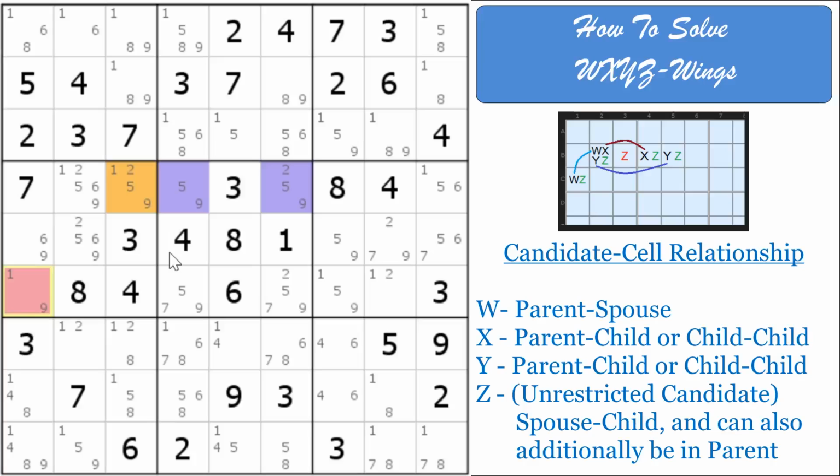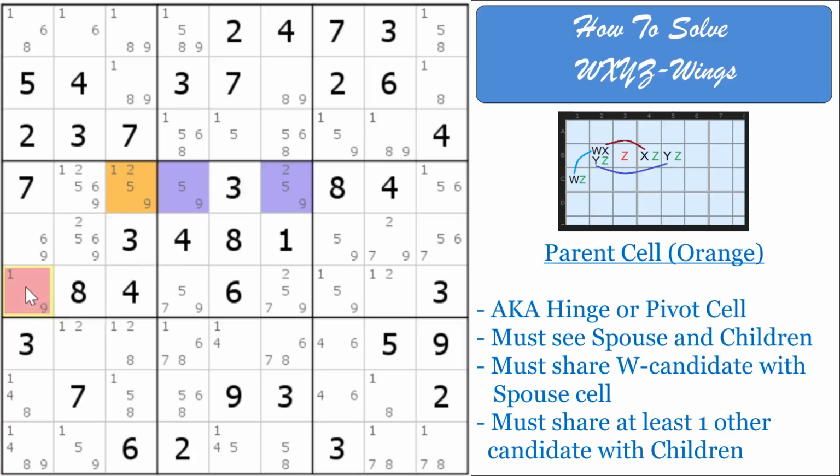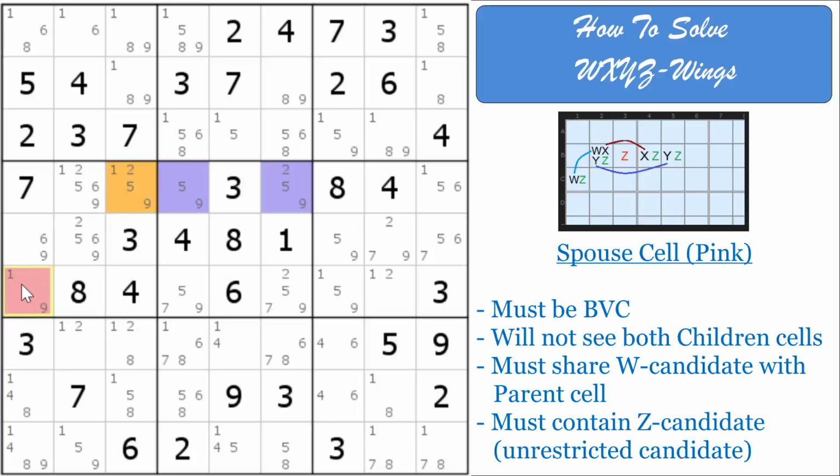Great. All right, the W candidate is going to be the one that interacts here with this light pink cell. So this is the parent cell, and then the W, which is the 1, only between the parent and the spouse. I call this cell the spout cell.